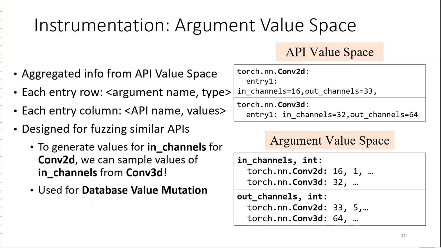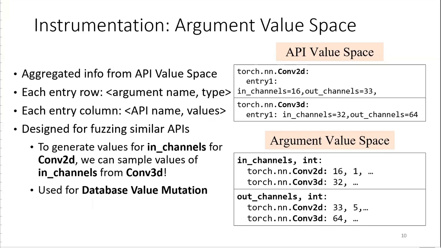For example, both conv2d and conv3d share the argument called in_channels, which is an integer. The column of each entry is the API name and its recorded values. In this example, we can see that conv2d and conv3d have different values recorded for the same argument.